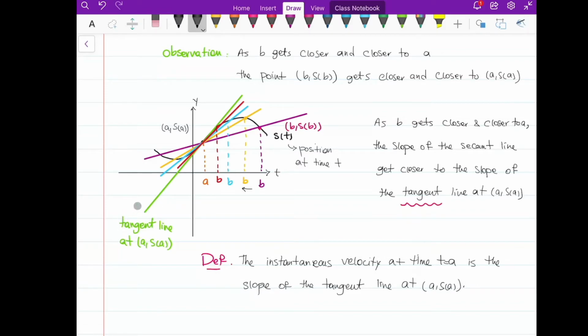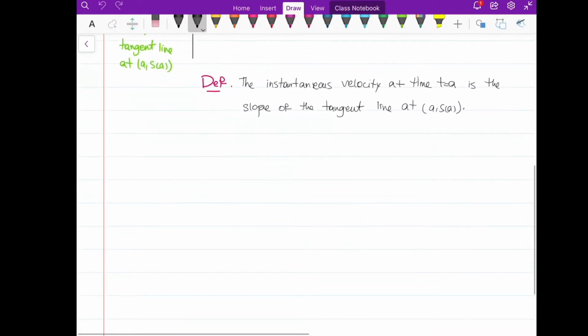Okay, so average velocity was the slope of the secant line between the points a and b, but for instantaneous velocity, b should be exactly a. So let's move b to a, and as I move b to a, the average velocity gets closer to the instantaneous velocity, and the slope of the secant line gets closer and closer to the slope of the tangent line. Okay, so now the problem is this.